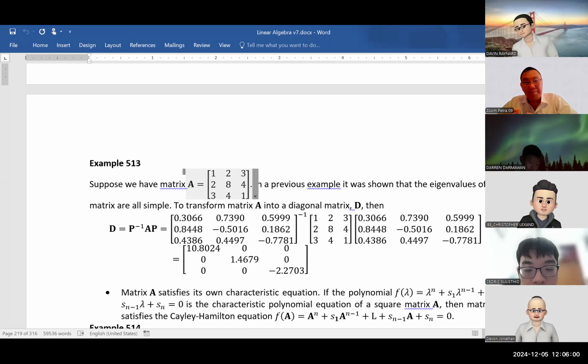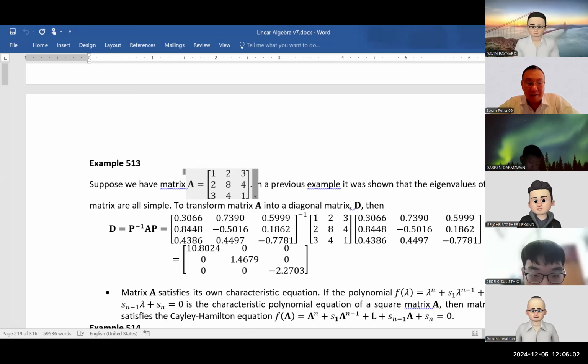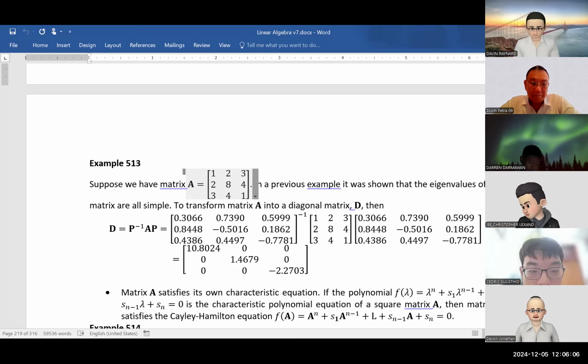Sir, can I clarify? So P inverse, this is the inverse, and then multiply it by A, the initial matrix. Correct. And then the other P is what, sir? P is the modal matrix.